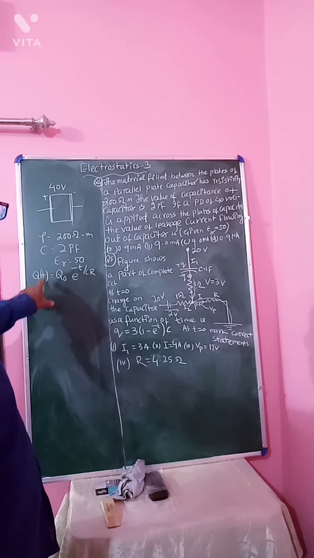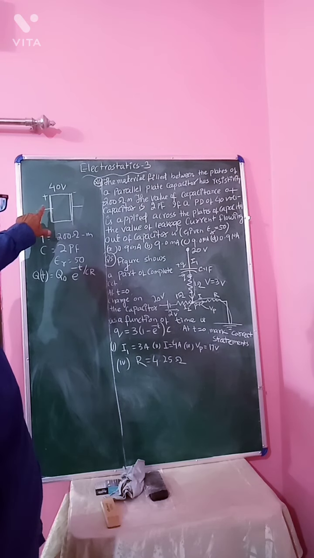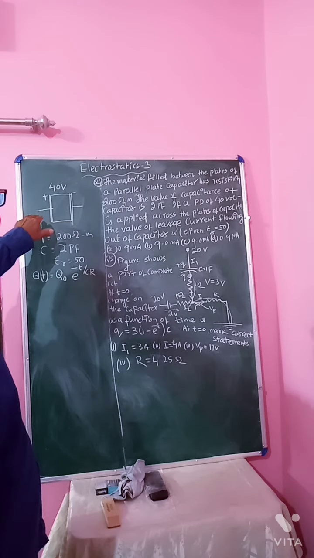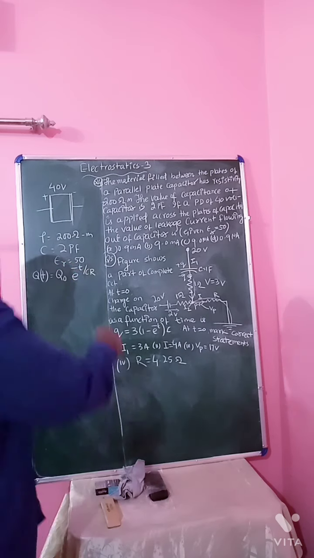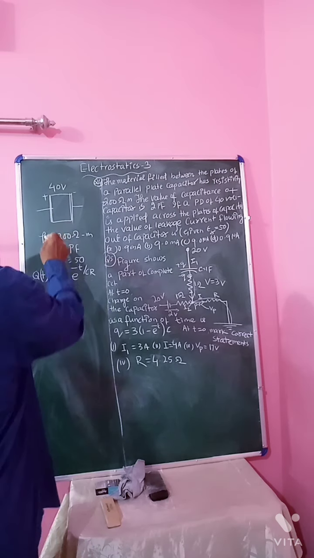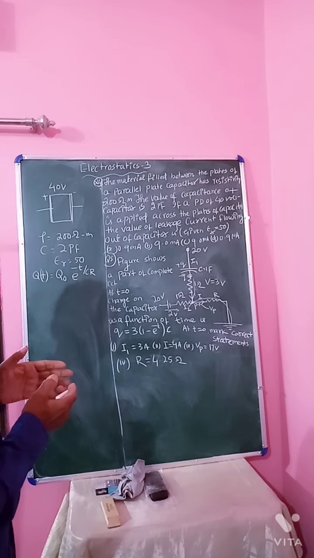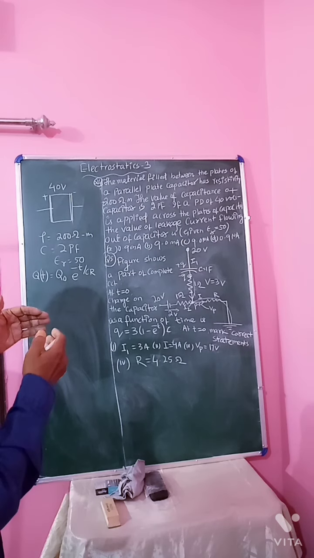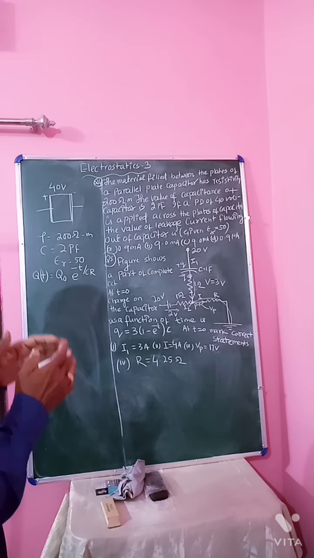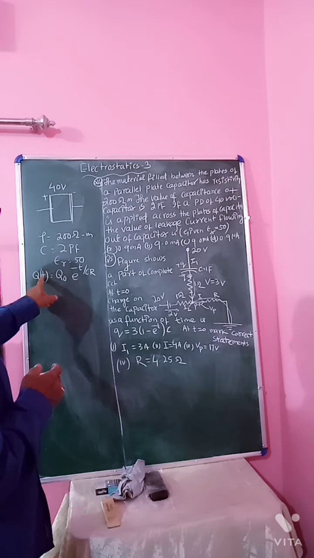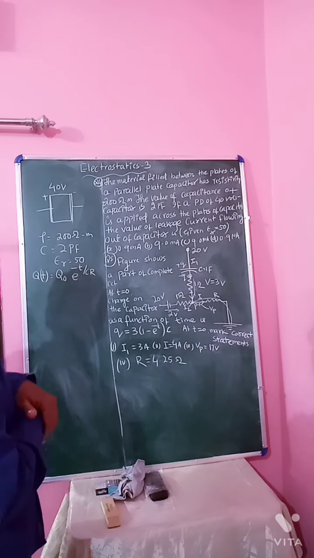Now, because of this charge on the plates, it will tend to discharge. How will it discharge? Through a resistor, and during the process of discharging, the charge on the plates of the capacitor changes by the formula Q equal to Q0 e to the power minus t by RC.